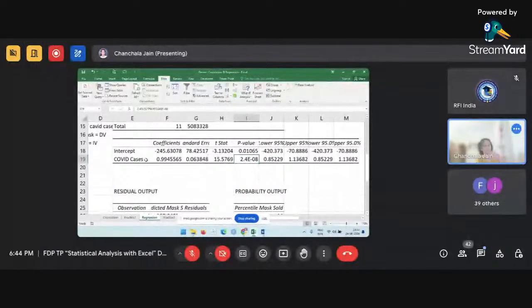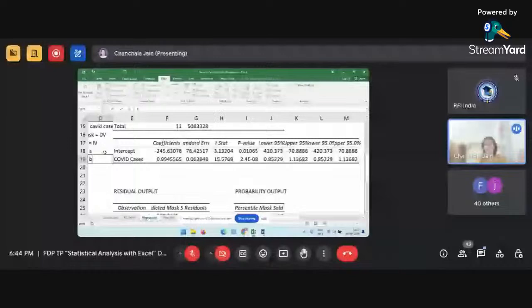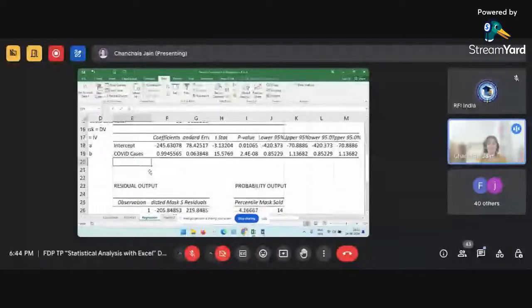But you need to check whether these two are significantly contributing to your dependent variable or not. So for that, we will check the p-values. Both, the first and the second, are less than 0.05.